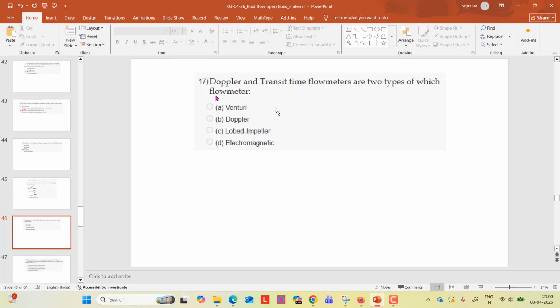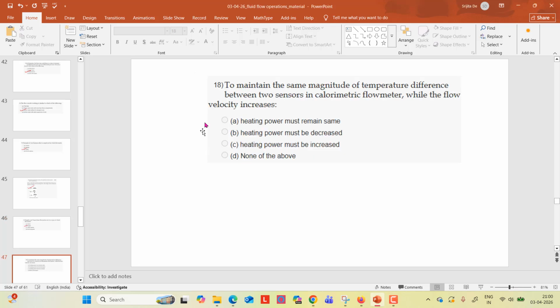Next, Doppler and transit time flow meters are two types of which flow meter? So it is the two types of Doppler flow meter. Next, to maintain the same magnitude of temperature difference between two sensors in calorimetric flow meter, which of the flow velocity increases?